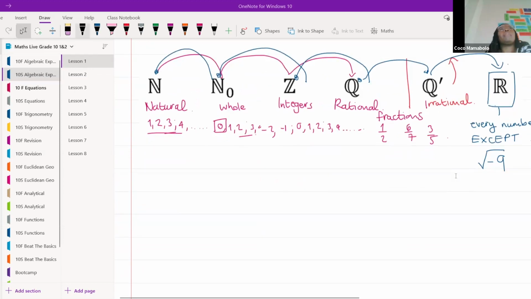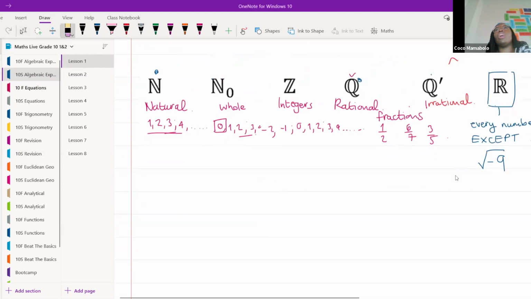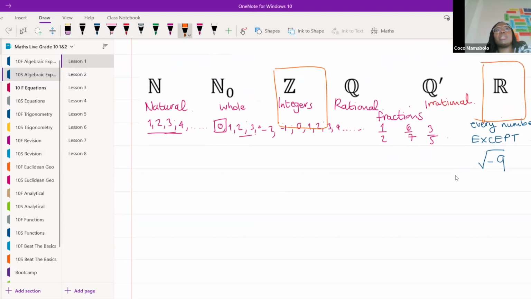All right, okay. So what we're going to be focusing on today is integers, and we're going to focus on real numbers. Those are the two things we're going to focus on.